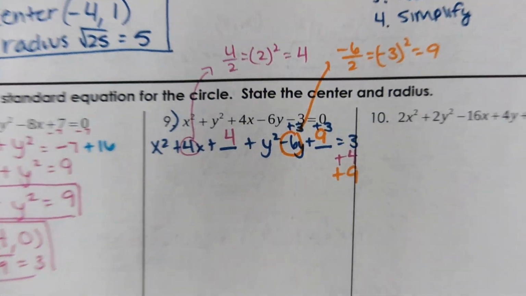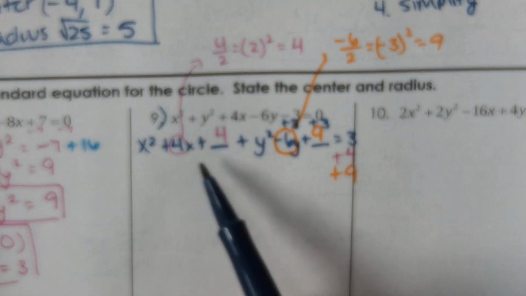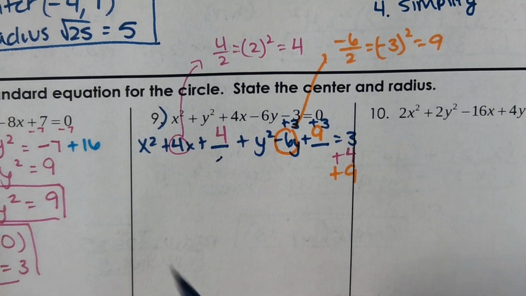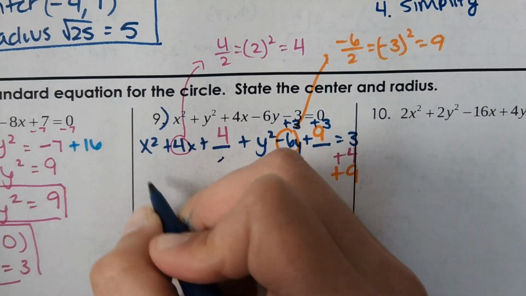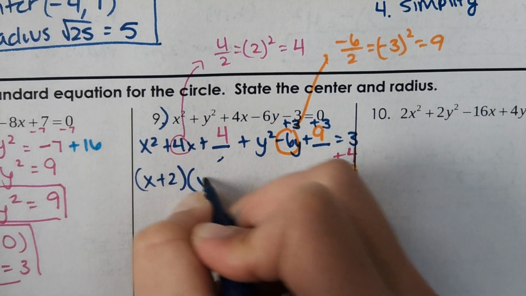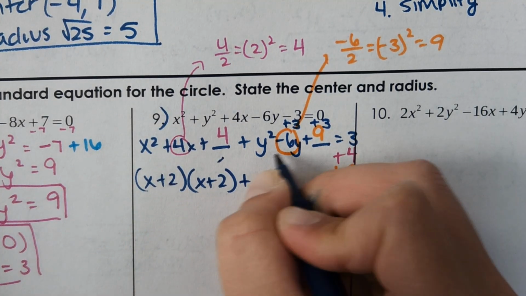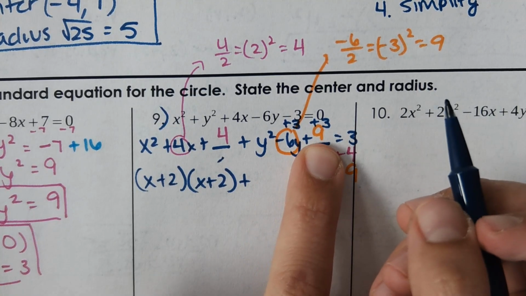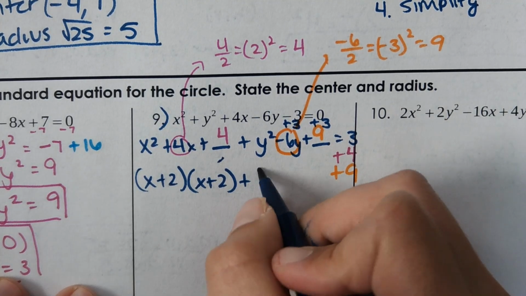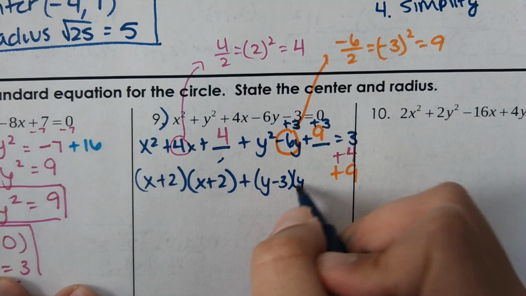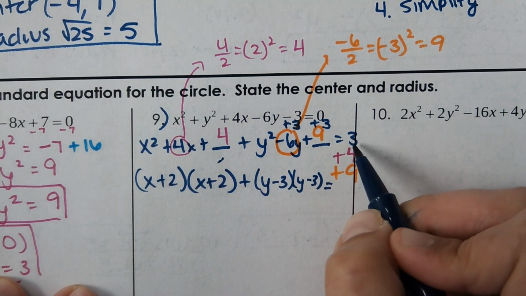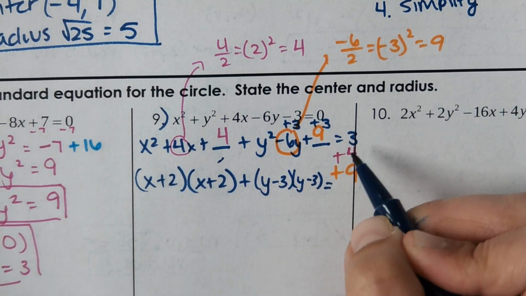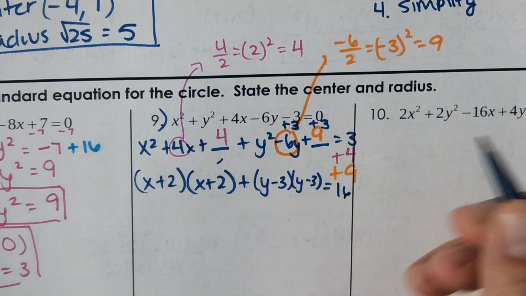Zoom in a little bit because I think that's probably really small. Okay. Then simplifying this, x plus 2, y minus 3, -3 times -3 would be +9, and that would add to -6. So y minus 3, and then 3 plus 4 plus 9 would be 16.